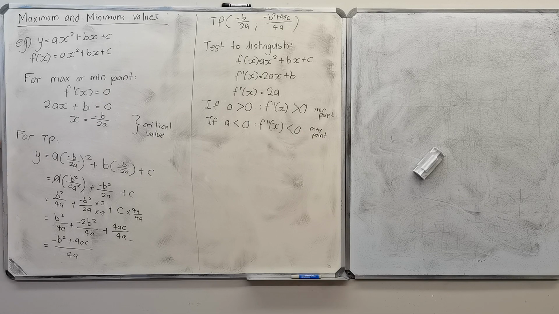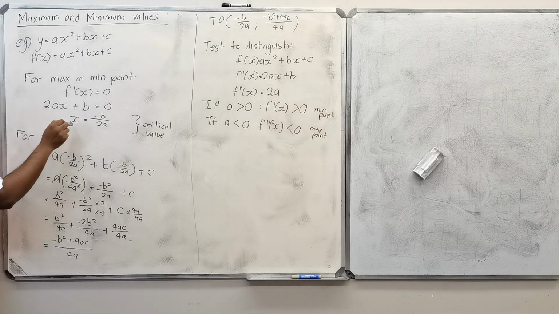So to recap again on this question, given an equation, they want to know the turning points and distinguish whether it's a maximum or a minimum. So you started off by, for a maximum or minimum point, letting your first derivative equal to 0. So I derived my f of x and I let it equal to 0, and I solved for my value of x.